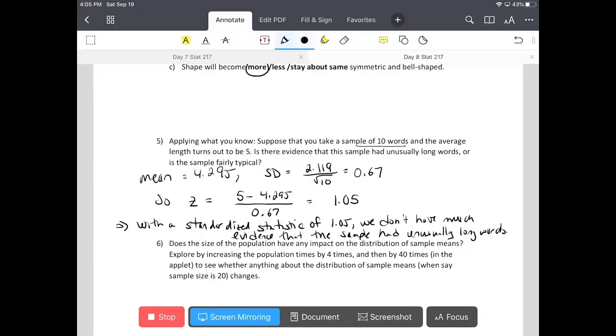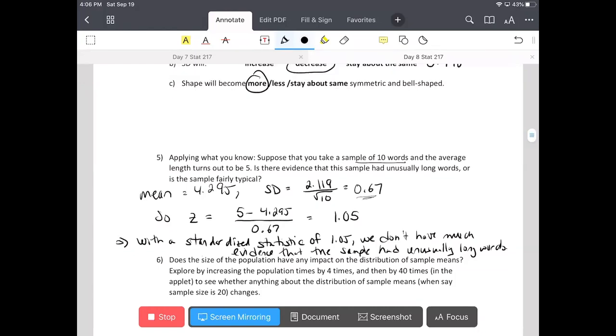So looking at number 5, remember suppose that we took a sample of 10 words. Hopefully you did the calculation out. We're going to use that population mean of 4.295, the standard deviation of 2.119. We adjust based on our sample size, which is 10, so we divide by the square root of 10. And you notice it's 0.67.